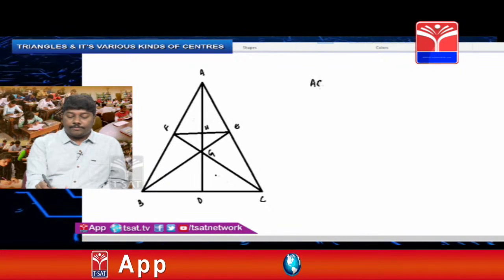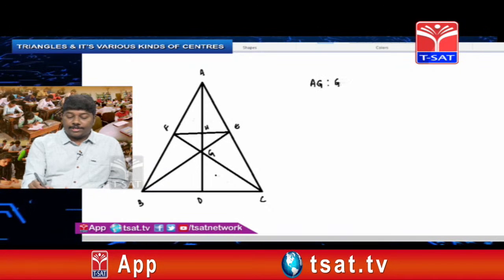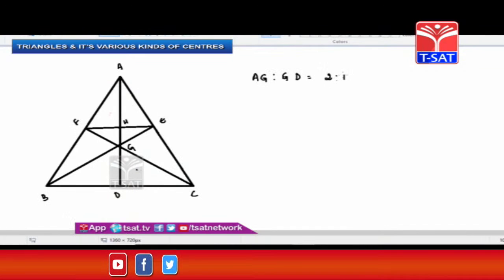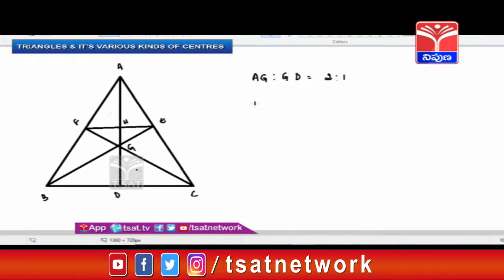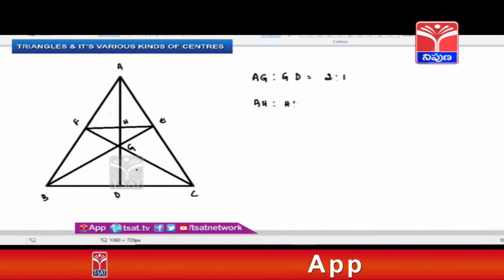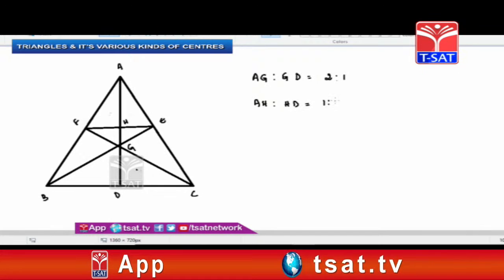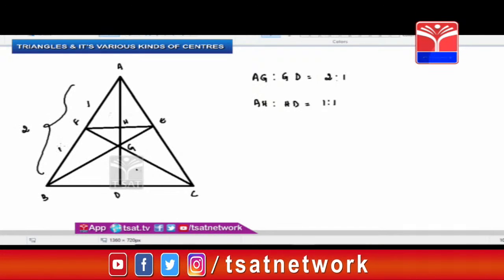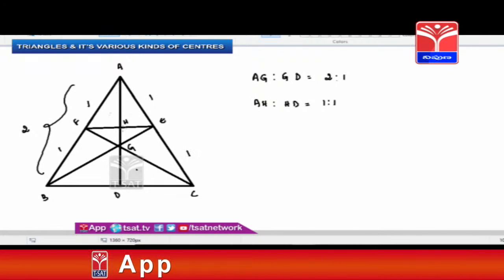We know AG is to GD is equal to 2:1, and we also know AH is to HD is equal to 1:1. Because it is the line joining the midpoints, it is in the ratio 1:2, the whole thing. So, AF is to BF is 1:1. In the similar fashion, AE is to EC is also 1:1. Therefore, AH is to HD is also 1:1.